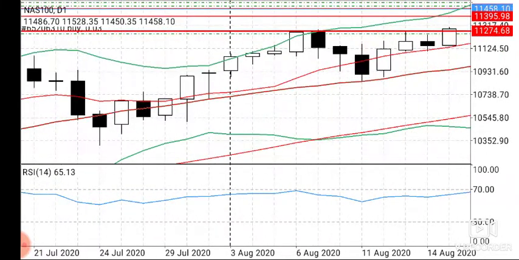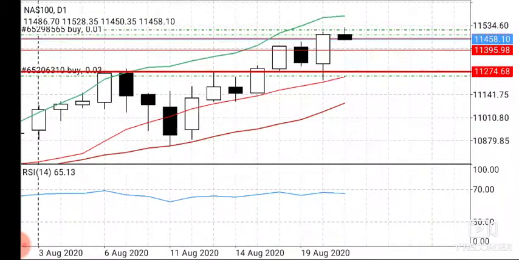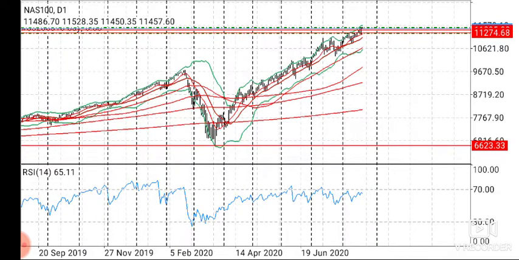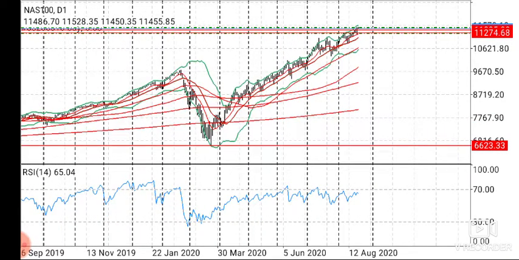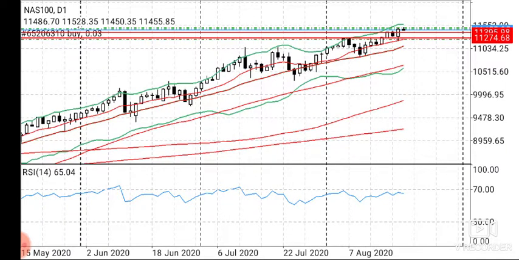So here I'm gonna explain why I took these two trades. The reason is because of the trend. The trend is an uptrend.